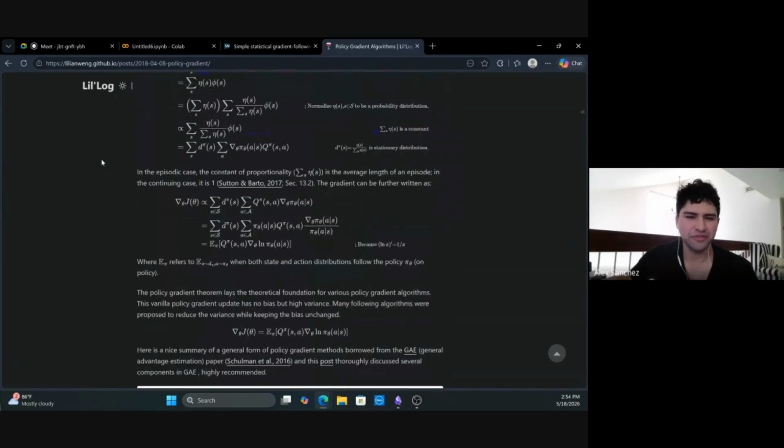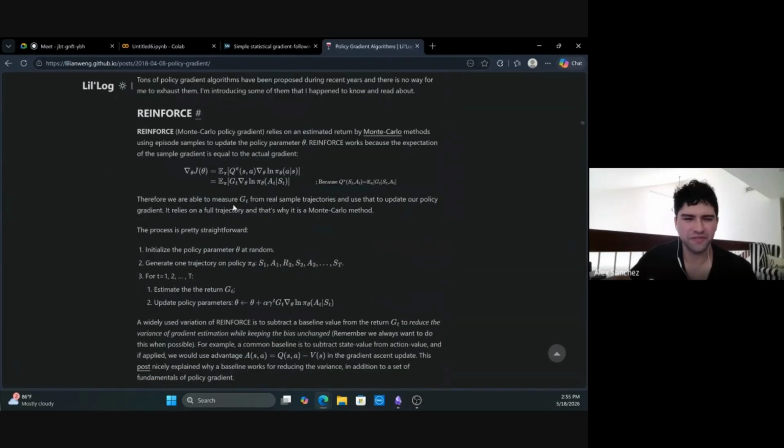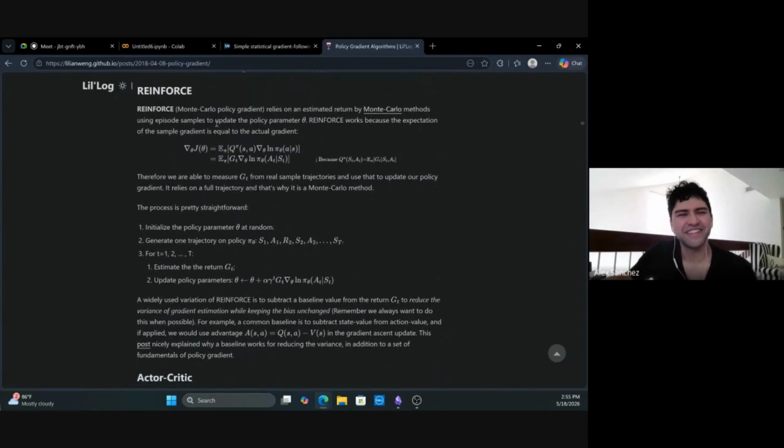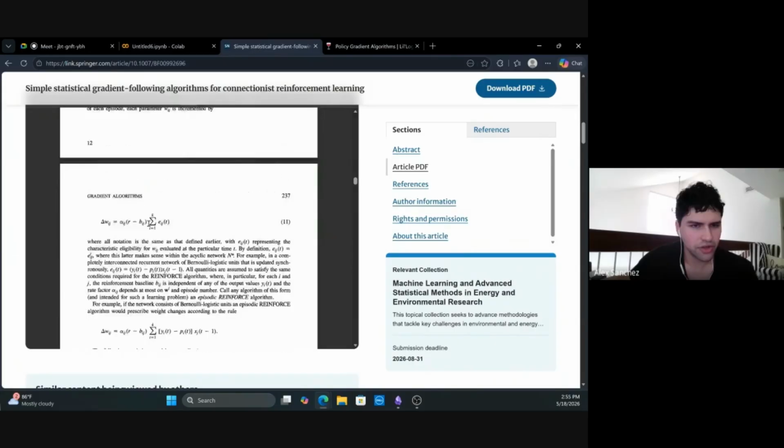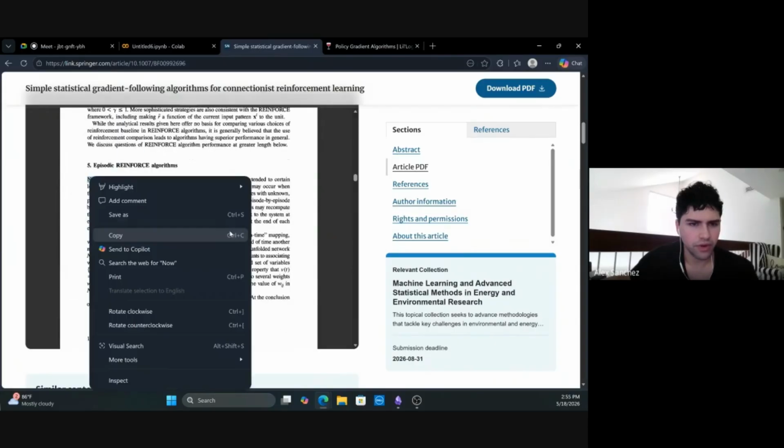But if we scroll down, things are put very Englishy for us in this REINFORCE part, in which we are straight up just told the process on how to use the REINFORCE algorithm to update our policy parameters. I will go more in depth on this right now, but straight up, this is kind of what it says.